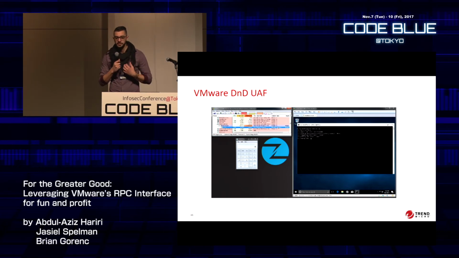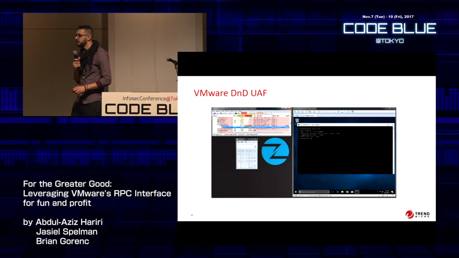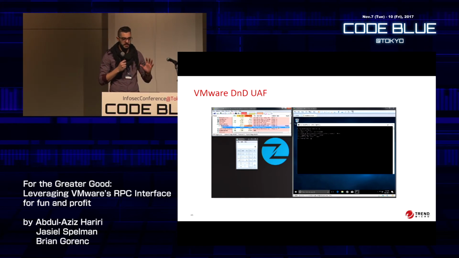It would then dump a bunch of memory, and you would be able to leak vmware-vmx. That's basically it. For the record, vmware-vmx on Windows runs in medium integrity. So if you get code execution in vmware-vmx, you've basically got code execution in medium integrity.